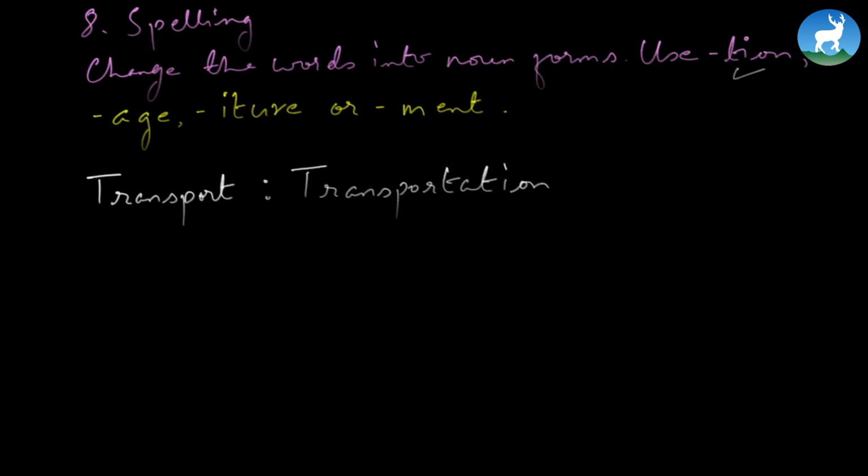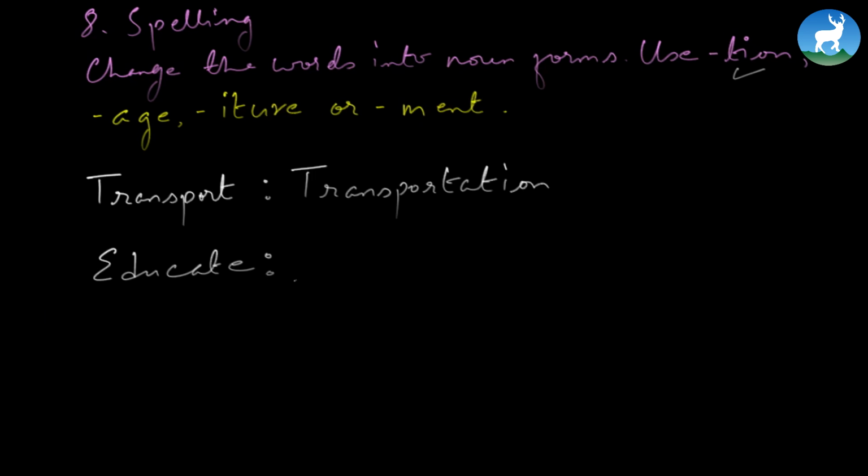Change the words into noun form. So we change this by adding tion. We made it transportation, right? And it remains a noun. Now secondly we have educate. Educat. Educate. And remember we have the options available here.